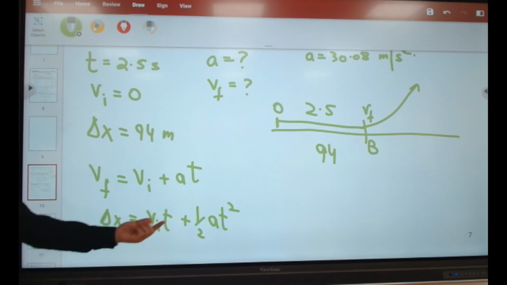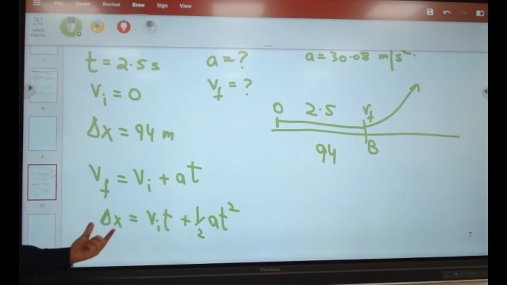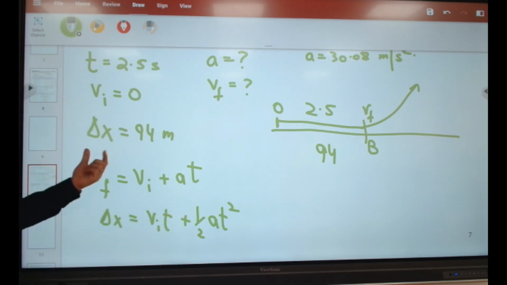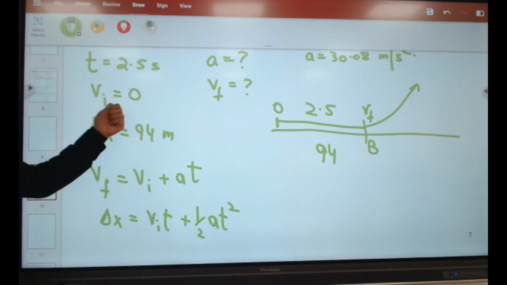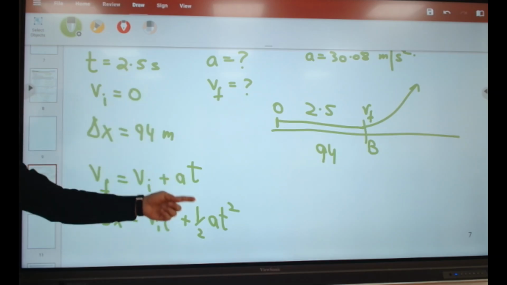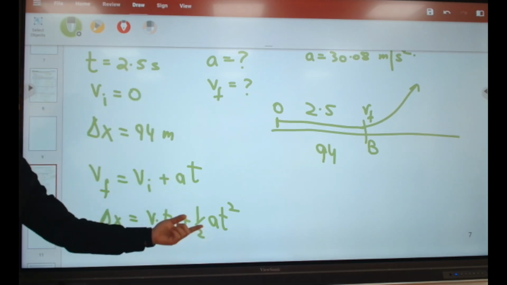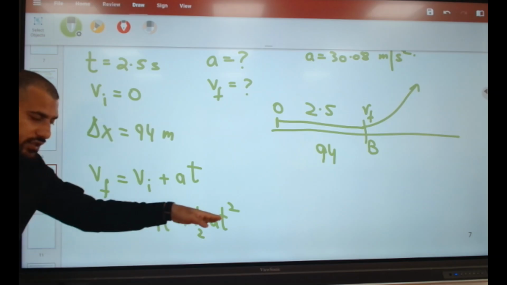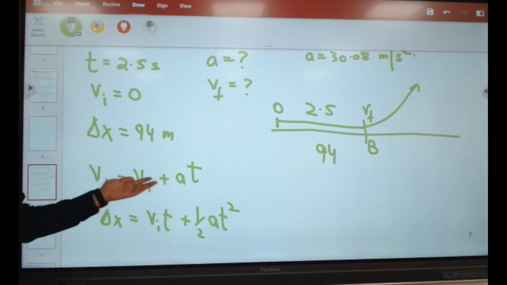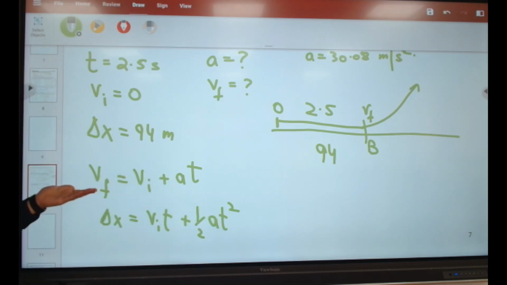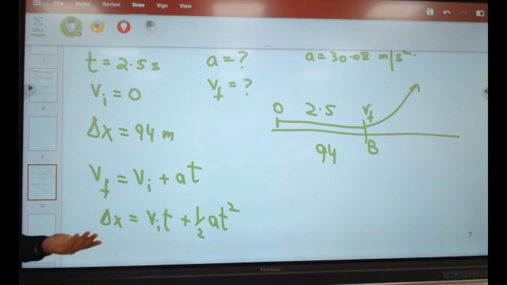Correct? Yes. Can we use this equation? Delta x is known, v initial is known, time is known, so we can find what? Acceleration. So when we find acceleration from this, we can use it here and we can find here. Understood? So this is simple, basic understanding.